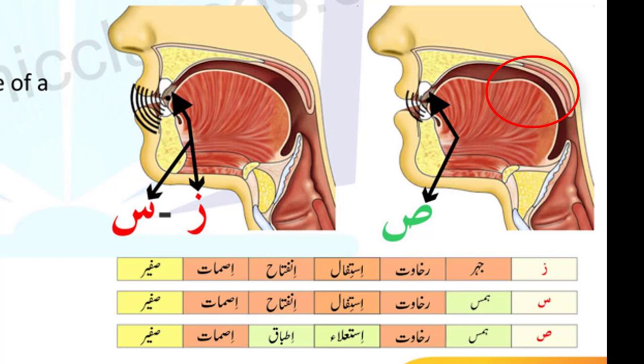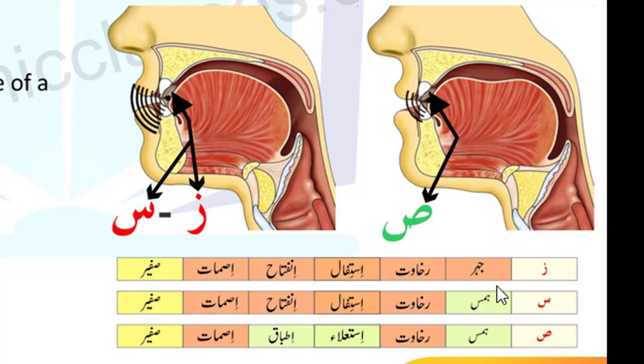This is what we already read in the last classes on Sifaat, if you remember that. So we say al-isti'la and al-itbaq quality. So these are basically the differences between the za and sin letters. In the za and sin all qualities are the same.